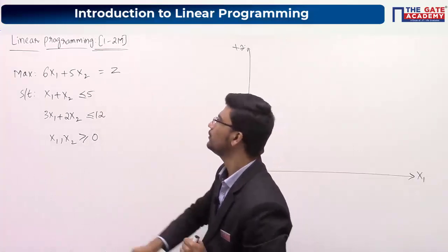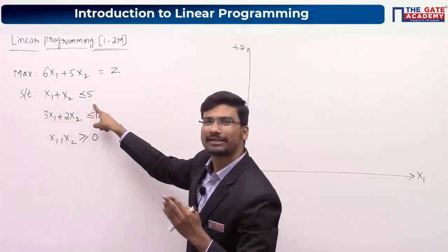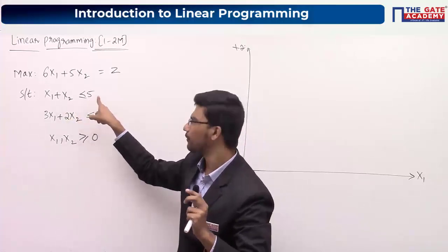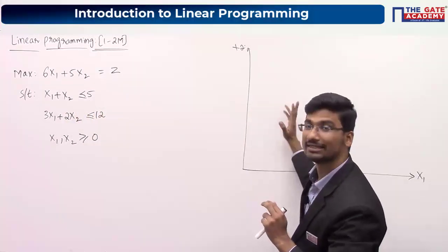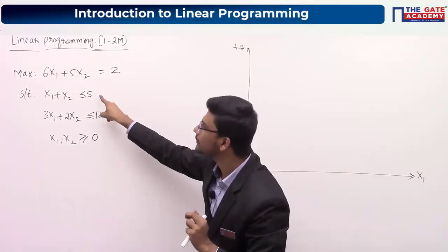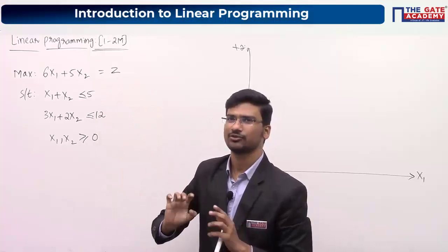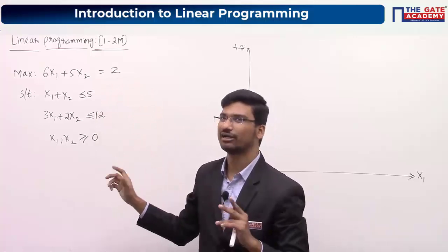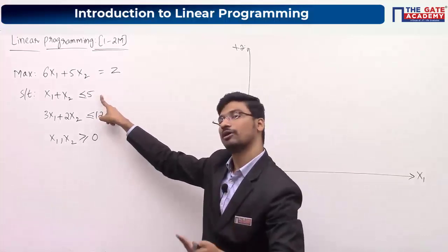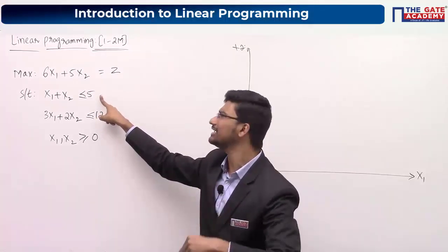So first you have to plot the straight line x1 plus x2 is equal to 5, and then identify the region which is satisfied by this constraint. So I am plotting the straight line, and after plotting it, I am identifying the region satisfied by the constraint.